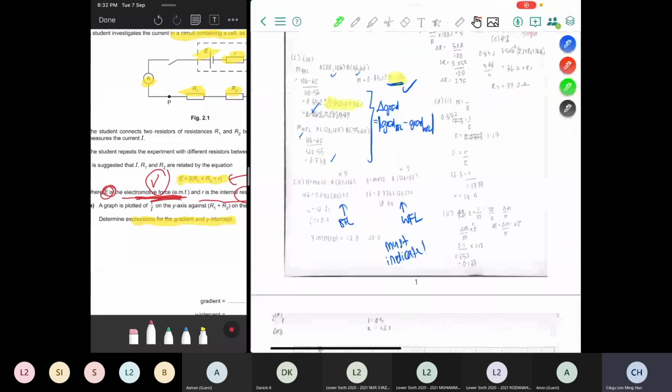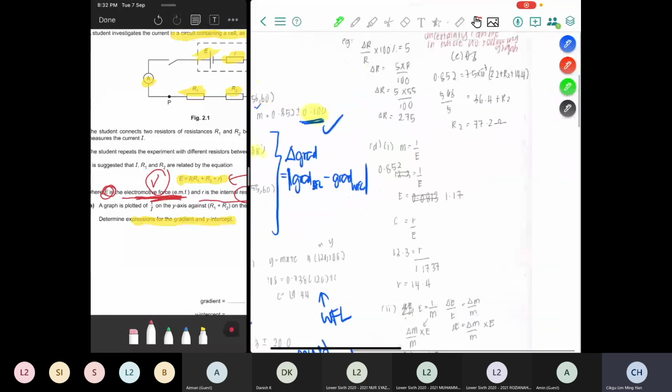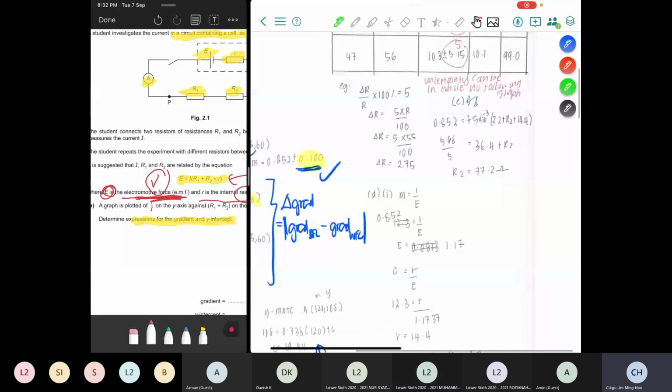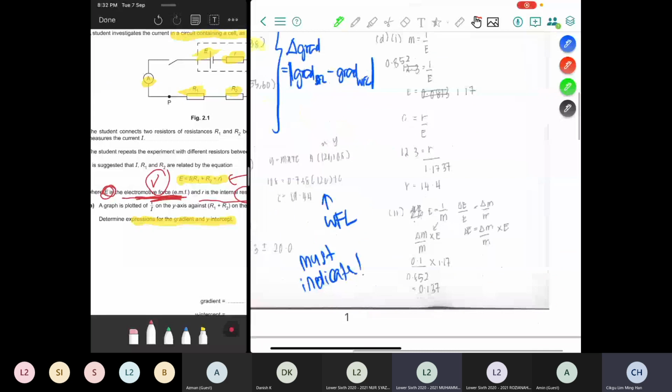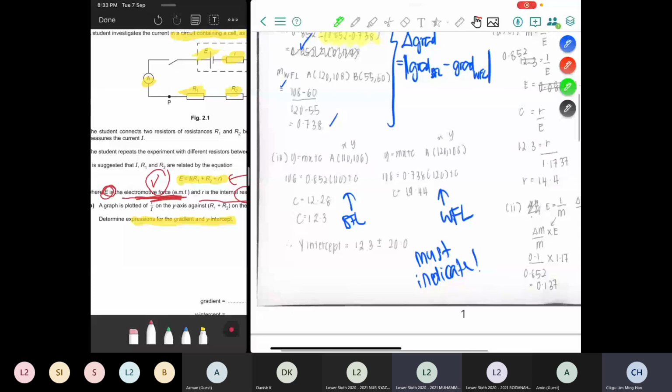Since the uncertainty is not yet answered, we look at Kashfi's answer first. Kashfi answered. So the uncertainty of the y-intercept is very wrong. Y-intercept is wrong. Why? It can be 20. Oh yeah, I didn't check also. So the uncertainty of the y-intercept will be modulus 12.3 minus 19.44.